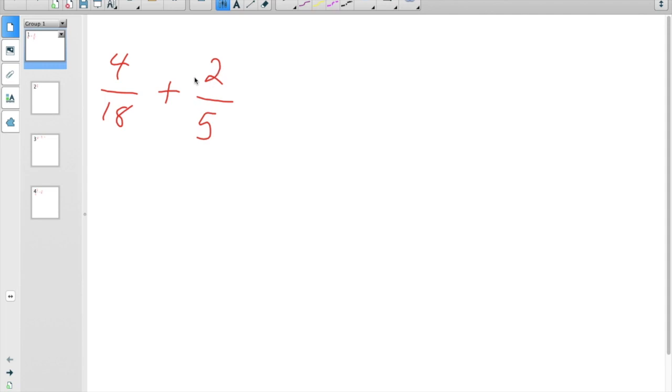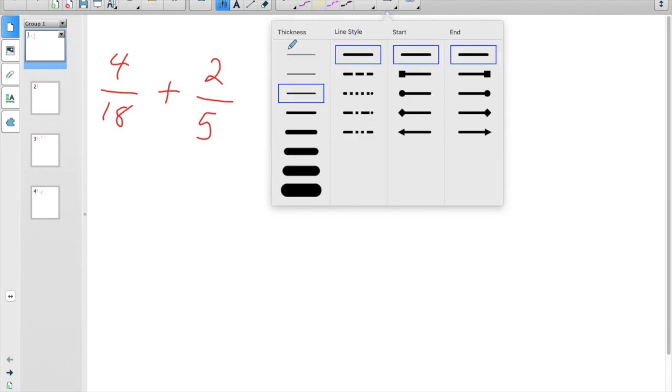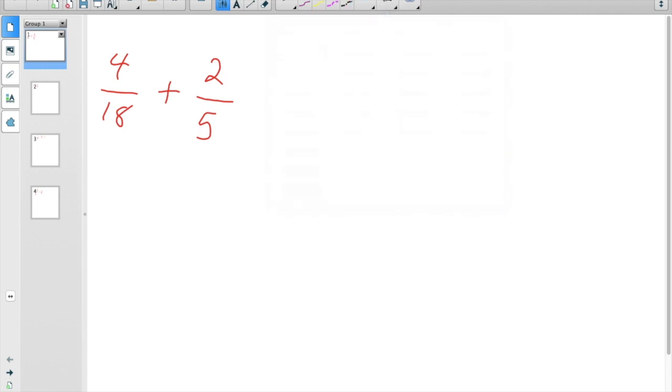Now, with this question here, I've chosen to use this example for a very specific reason. And that reason is the fact that this number right here can be reduced.